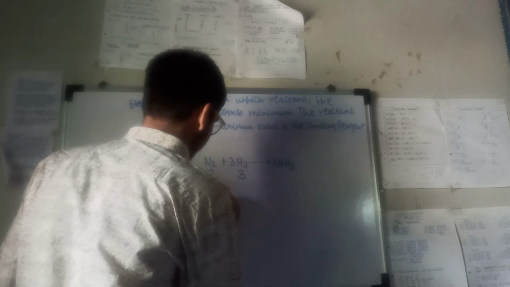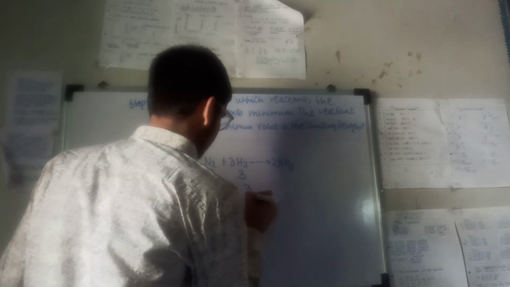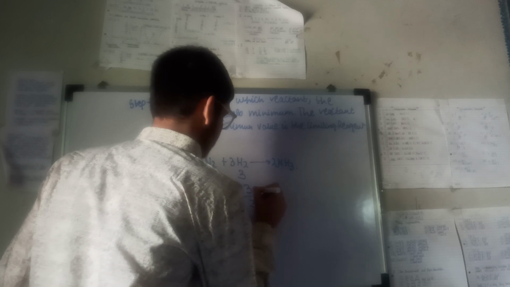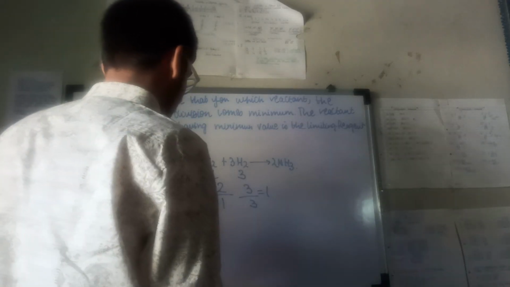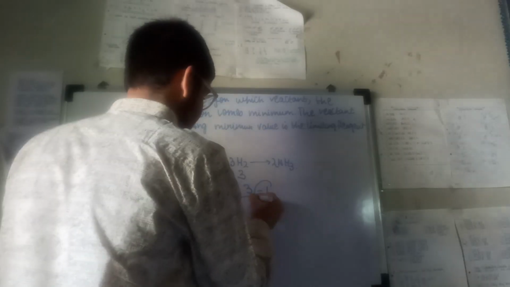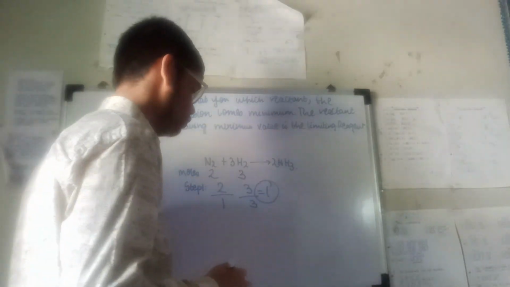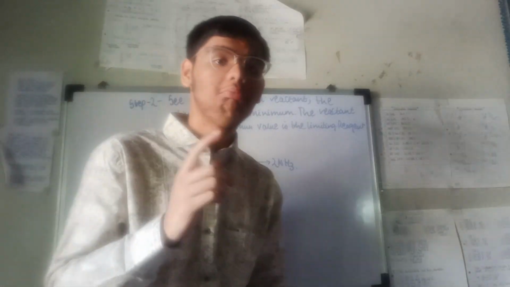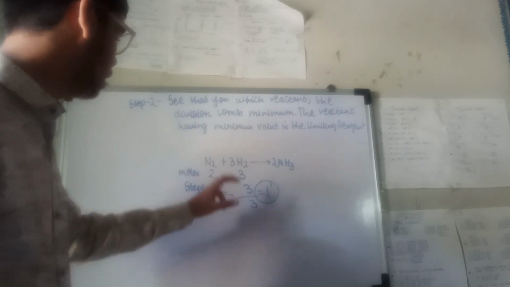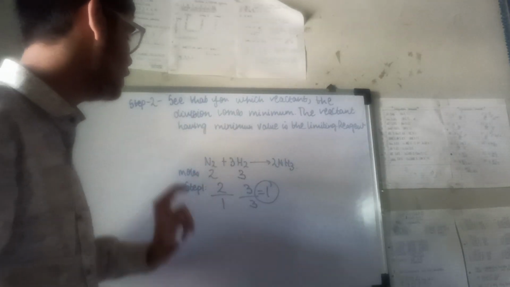So 2 divided by 1 and 3 divided by 3. This will give 2 and this will give 1. So you can see that this is minimum. The division in hydrogen is coming minimum. Means hydrogen here is the limiting reagent.